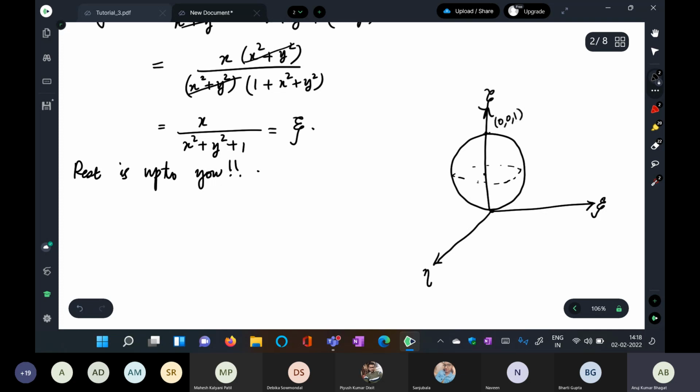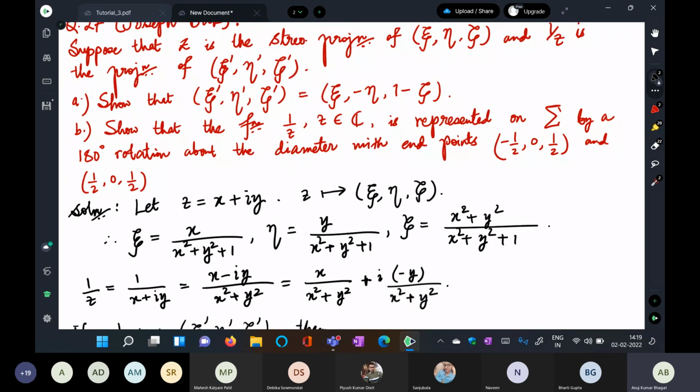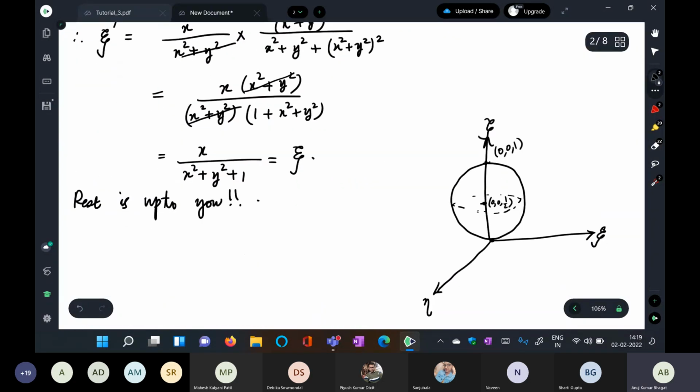The center is at, what is the center? Can you tell me? 0, 0, half, right? 0, 0, half. So let me plot this diameter. I'll first try to explain it geometrically, then I'll show you a short proof. The diameter has endpoints minus half, 0, half. The radius is half.